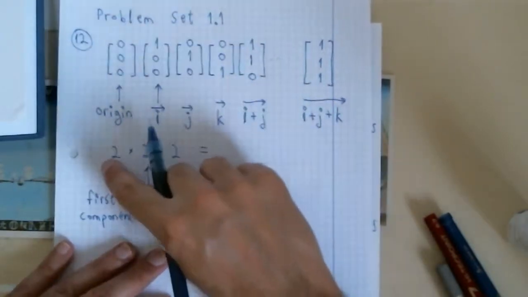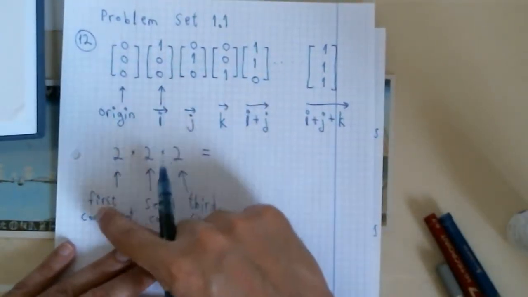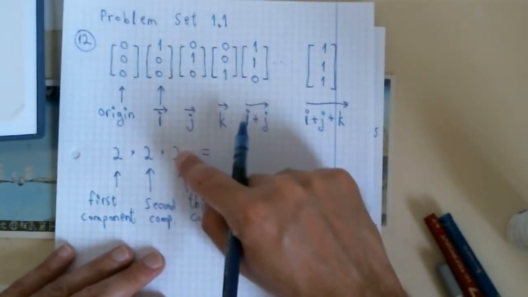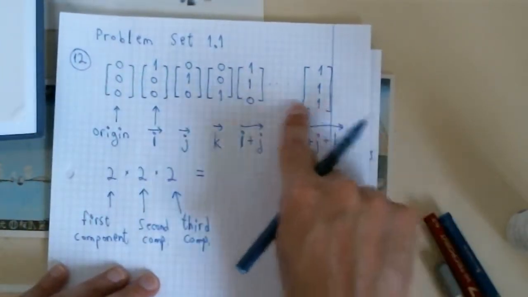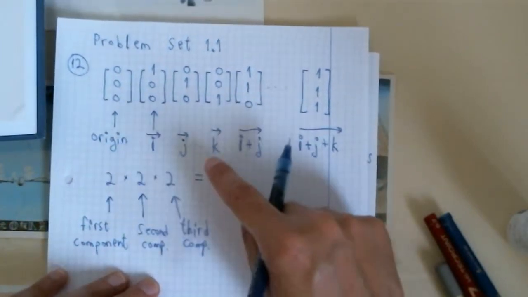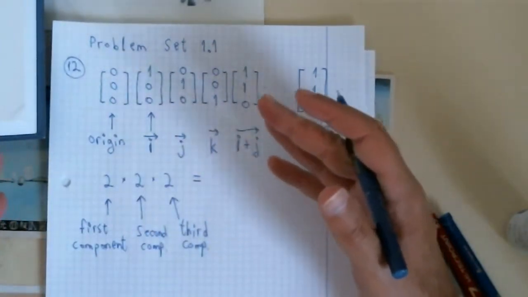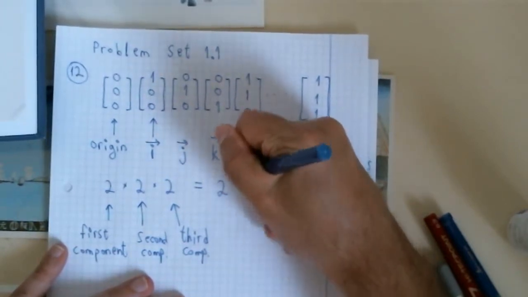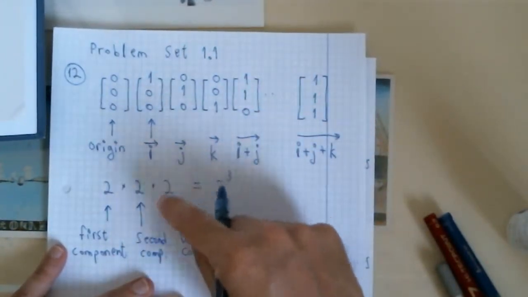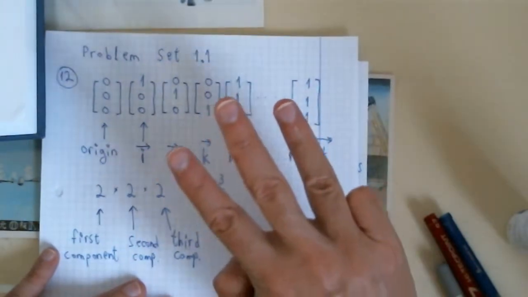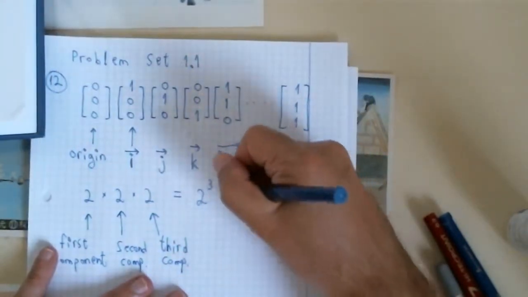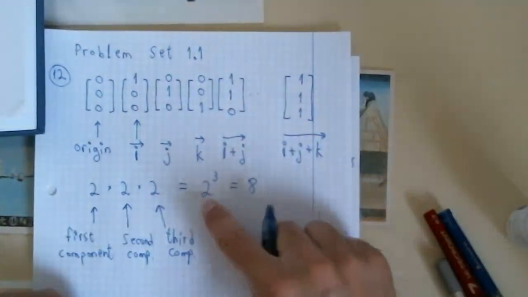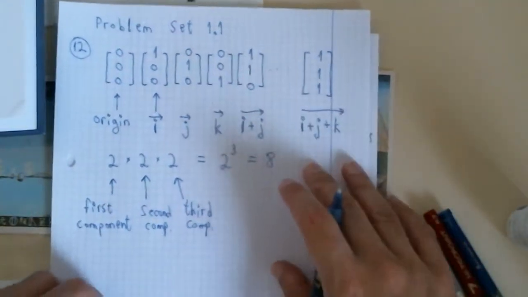So it's 2 times 2 times 2, because this one can be 1 or 0, this one can be 1 or 0, this one can be 1 or 0, and in total we have 2 times 2 times 2 options or combinations, so it means 2 to the power of 3, 2 times itself 3 times, which equals 8. 2 to the third power is 8.